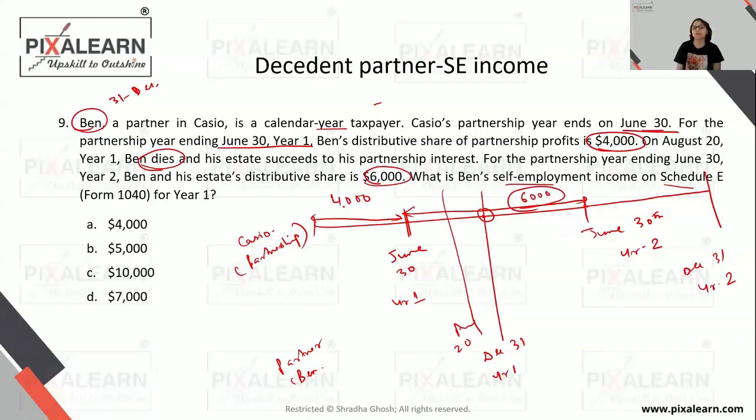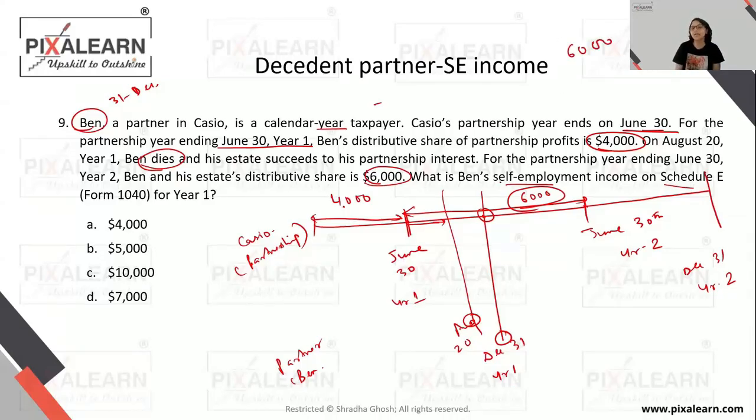You are supposed to tell me what is Ben's self-employment income for the year ending 31st December year 1. Now see, you go to the provision and they tell you that the money you have to take will include the money till the end of the month of death. This guy was not alive after August, right? So after June, July and August, 2 months this guy earned.